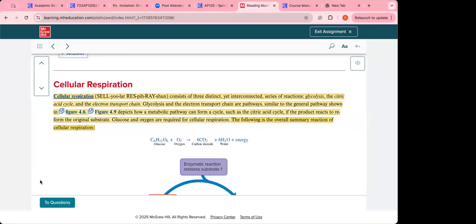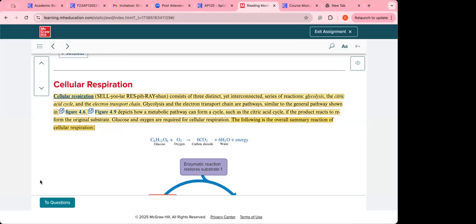Glycolysis and the electron transport chain are pathways similar to the general pathway shown in figure 4.6. Figure 4.9 depicts how a metabolic pathway can form a cycle, such as the citric acid cycle, if the product reacts to reform the original substrate. Glucose and oxygen are required for cellular respiration.